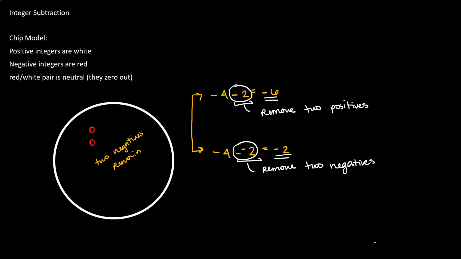We can also use the charged field model with integer subtraction, where we use plus signs to represent positive integers, negatives to represent negative integers. So if I wanted to represent a number like -3, I would just put 3 negatives in my circle, and I can always add any amount of neutral pairs, and it doesn't change the value of what I have in the circle.